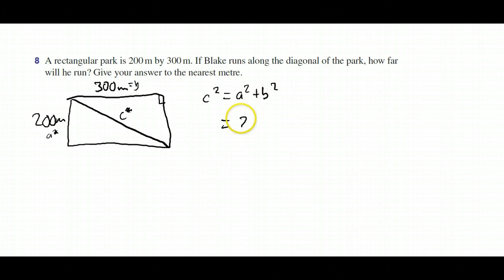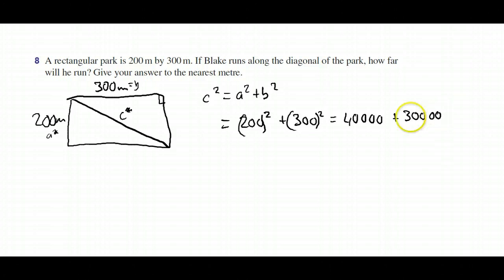So if a equals 200 meters and b equals 300 meters, what does that turn out to be? This is going to be 40,000, and this is going to be, oops, I've got to add a 9 there. This is going to be 90,000.